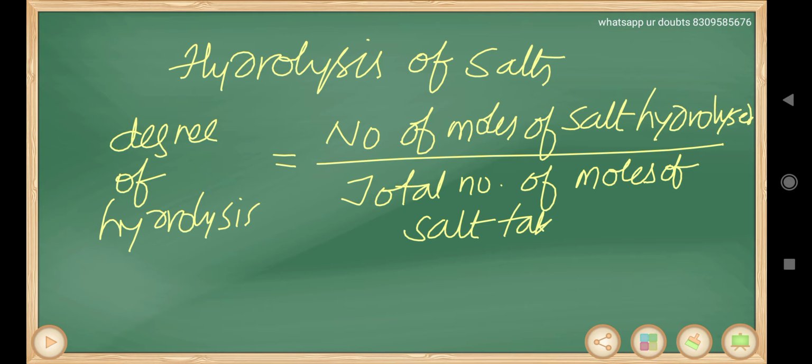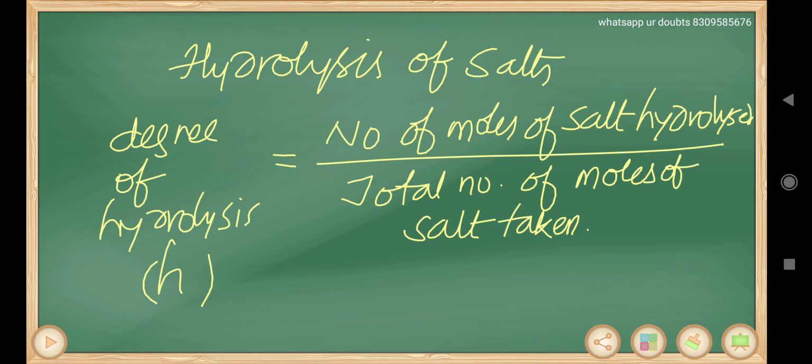This ratio is called degree of hydrolysis. The fraction of the total salt which is hydrolyzed at equilibrium is called degree of hydrolysis. It is generally given by h. h is equal to the number of moles of salt hydrolyzed by the total number of moles of salt taken.